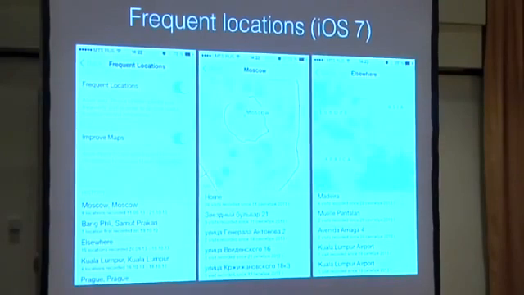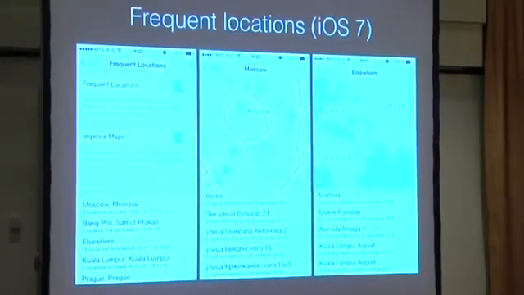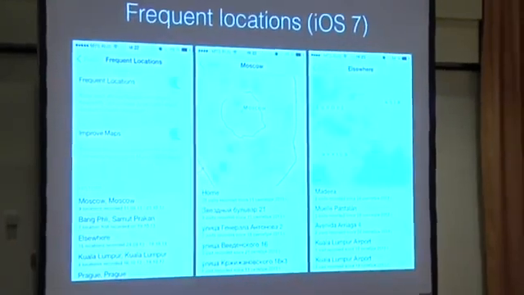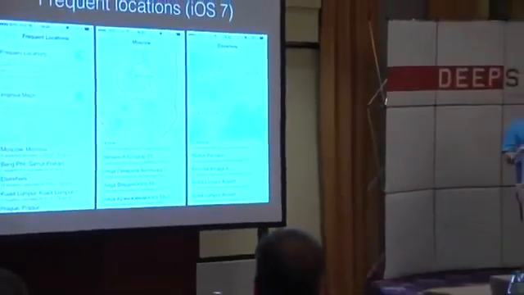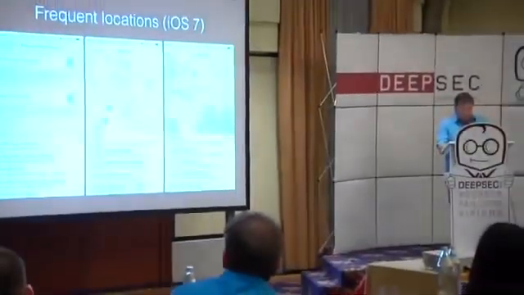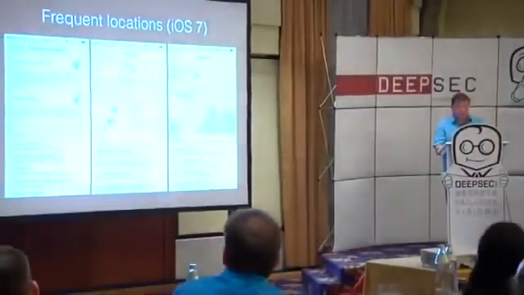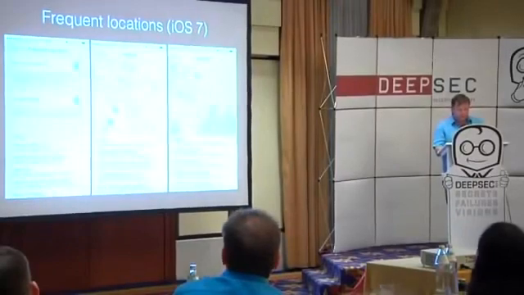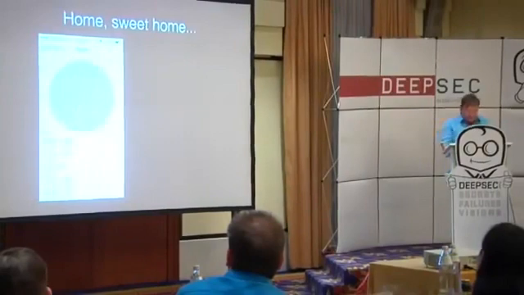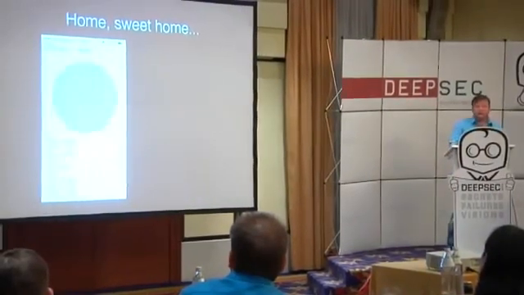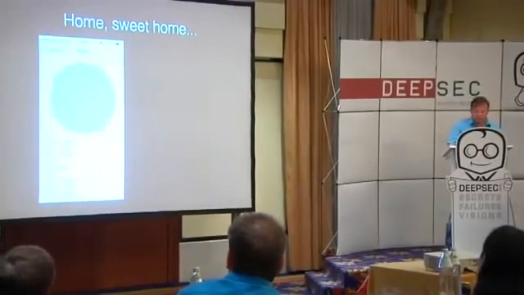I don't know actually how the size of this database is limited, or whether it overrides the data or just keeps it going. It isn't known actually. It isn't very well documented by Apple. And as you can see, for every location, it stores the exact date and time.